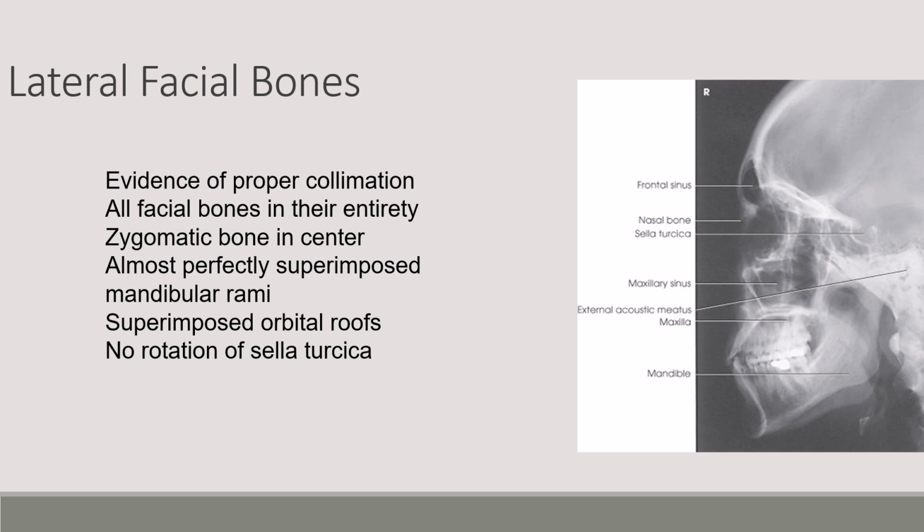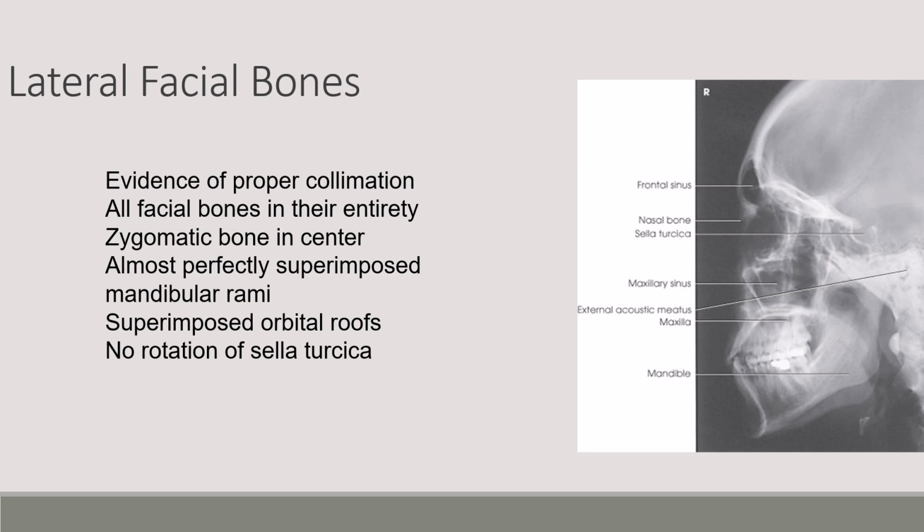All right. So how do we know if it's not rotated? Well, the maxillary sinuses are going to be superimposed. The TMJ joints are going to be superimposed. The gonions close, but not quite, as we can see in the diagram. Alveolar surfaces should be superimposed. So just structures that repeat themselves left to right.